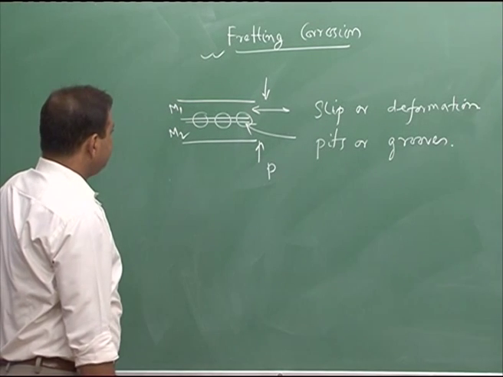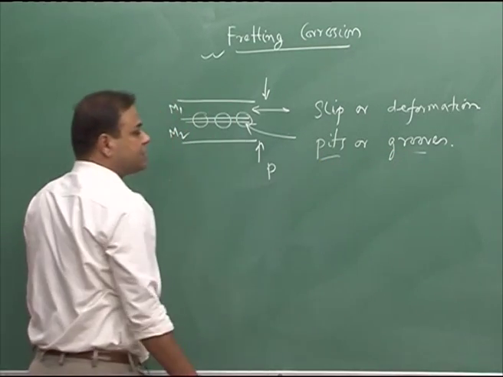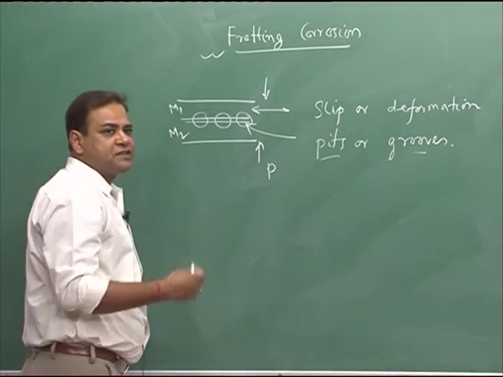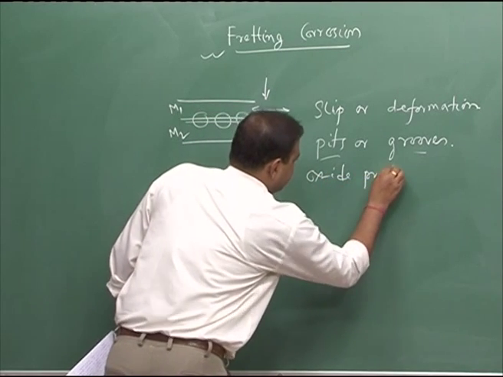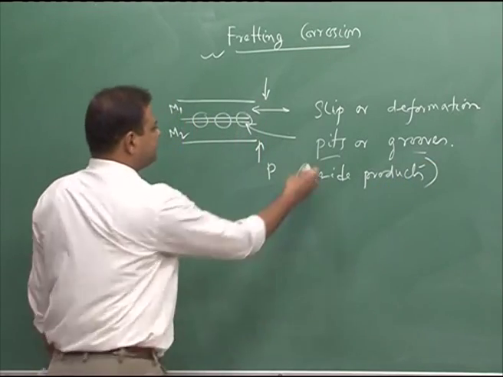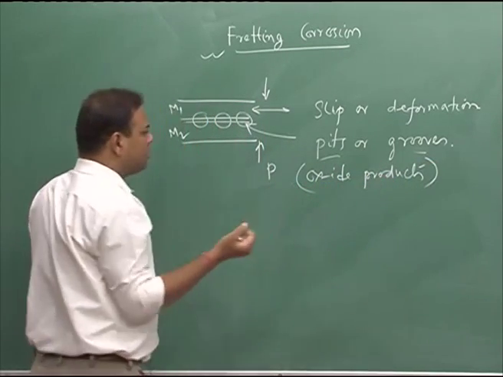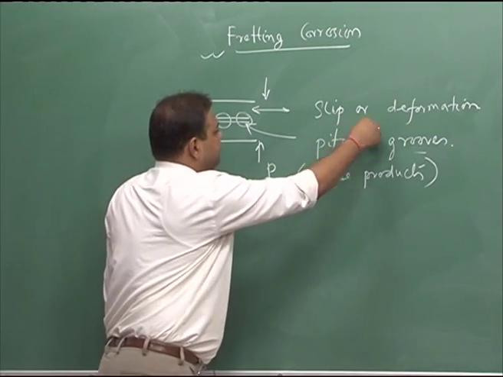During fretting corrosion, if we look at the pits or grooves, we will see corrosion products, and mostly they are oxides.